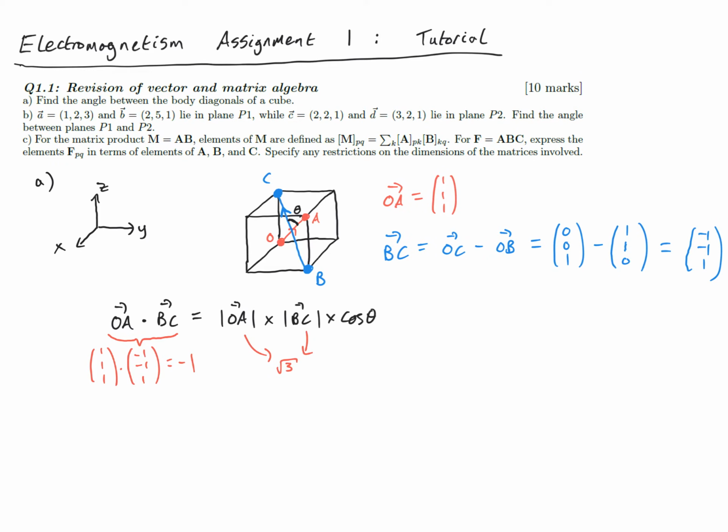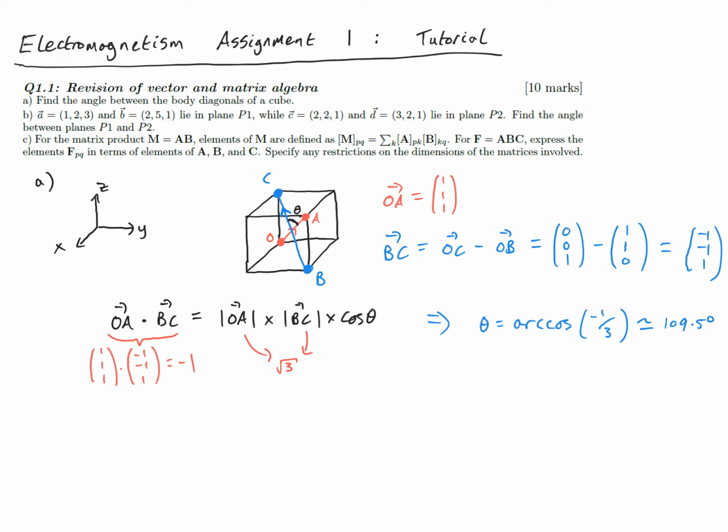That's just from Pythagoras' theorem. We have the square root of the sum of the squares. And then we have cos theta, which is actually what we're interested in. And so to rearrange this equation, we have that theta is equal to arccos of -1/3, which is approximately equal to 109.5 degrees.